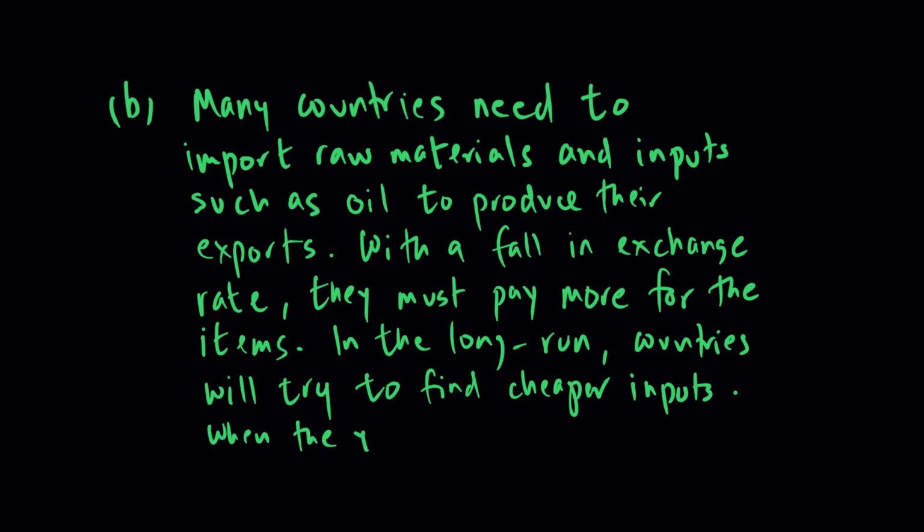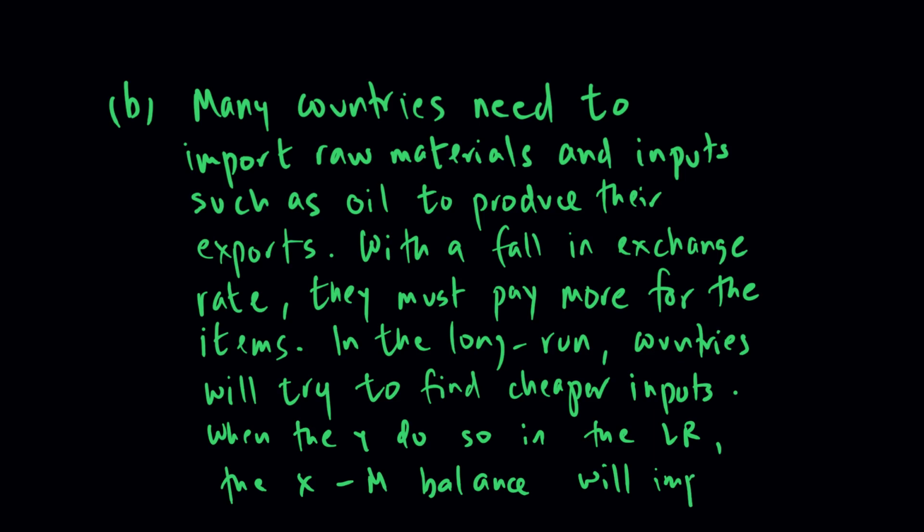When they do so, in the long run, the X minus M balance will improve. So until they are able to find cheaper substitutes, which is basically in the short run, the X minus M will actually worsen.